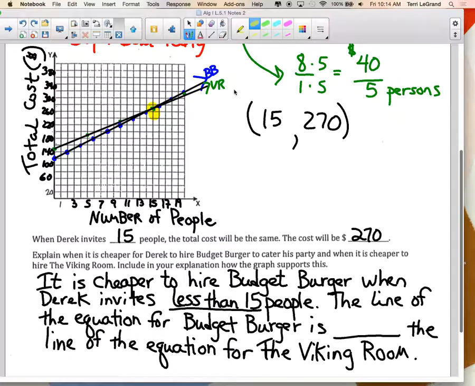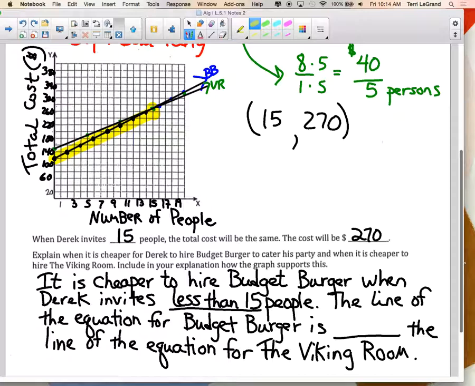Right here, this is Budget Burger's line up to that point, and it is below the Viking Room's, isn't it? Remember, the Y's are the what? The cost. So that's representing the dollars. So dollars are less at that part of the line, aren't they? So if he's going to invite less than 15 people, go with Budget Burger. If he's going to invite more than 15 people, go with the Viking Room.